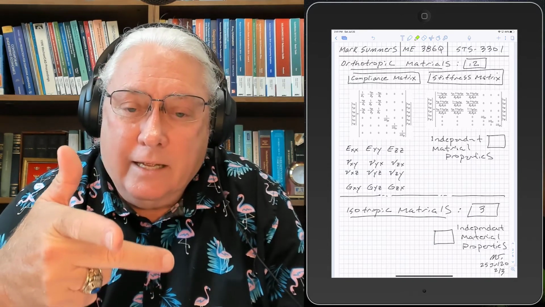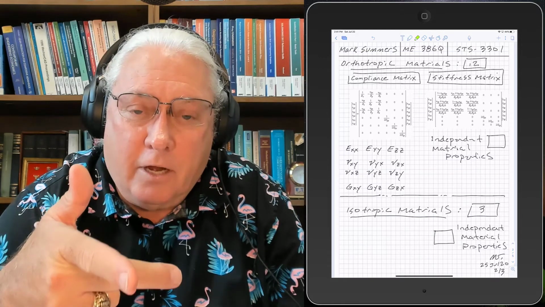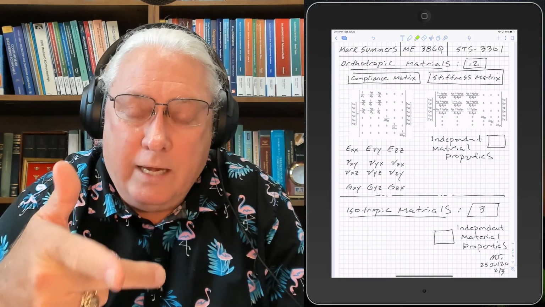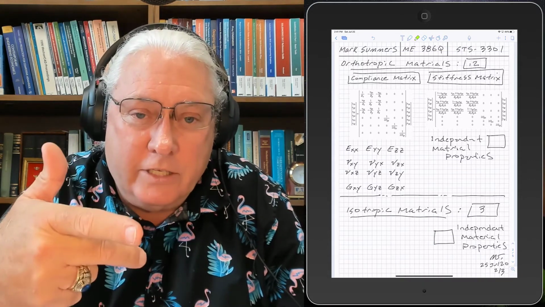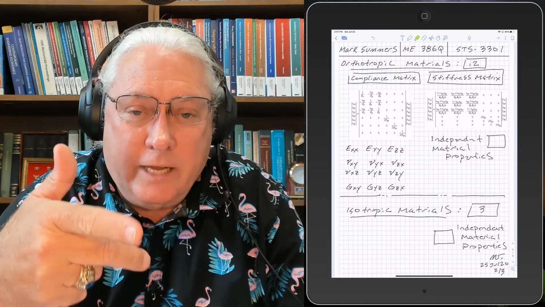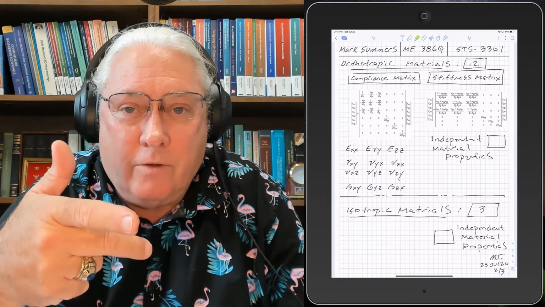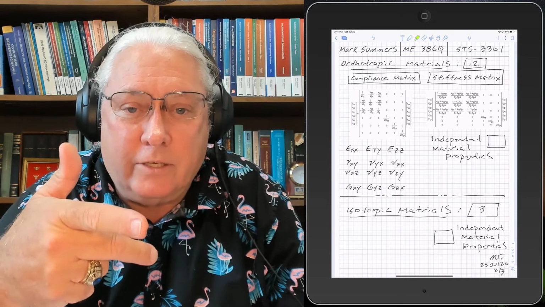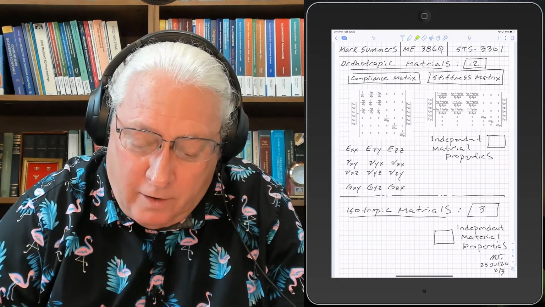It has potentially different material properties in 3 different directions. So if you define an x direction, a y direction, and a z direction, it potentially has different Young's modulus and shear modulus and Poisson ratios in each of those 3 directions. And so that's the definition of an orthotropic material.